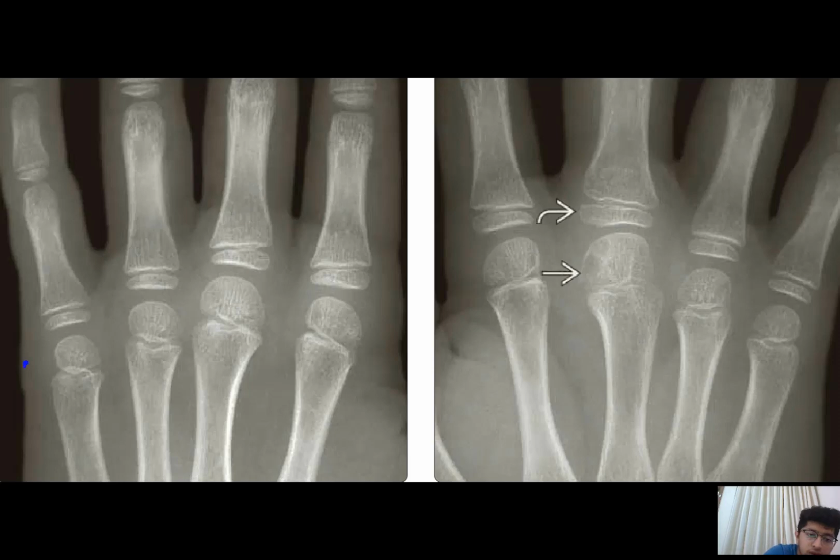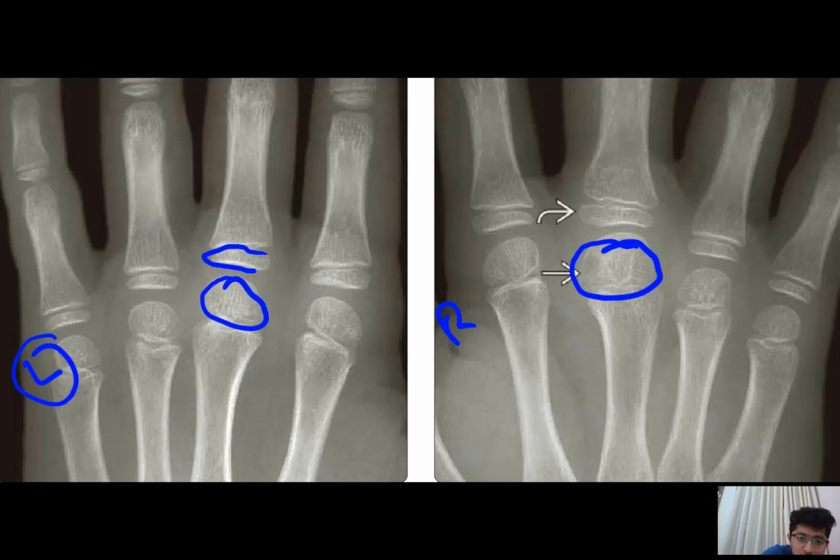Again, this is the left sided image, this is the right sided image. Left looks almost normal, whereas on the right we can see the third metacarpal head looks slightly larger compared to that of the left, and also the base of the first phalanx of the third finger along with the third metacarpal head is looking larger on the right side.